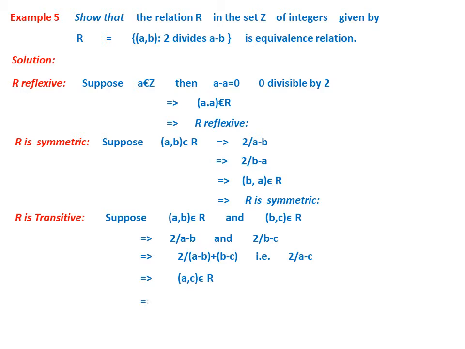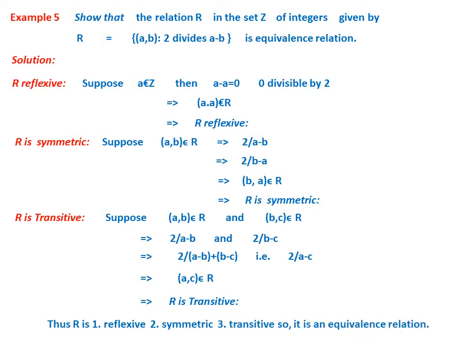So this implies (a, c) belongs to R. So what we achieved here is (a, b) belongs to R and (b, c) belongs to R implies (a, c) belongs to R. So R is transitive. So here now you can see it is reflexive, it is symmetric and it is transitive. Therefore, R is an equivalence relation. So this is the fifth example.